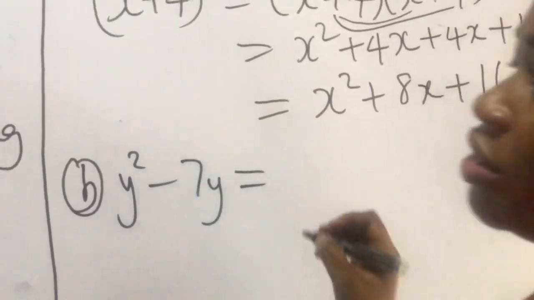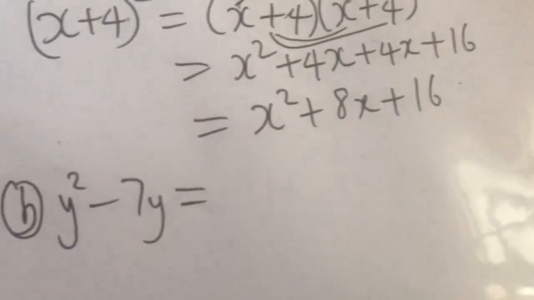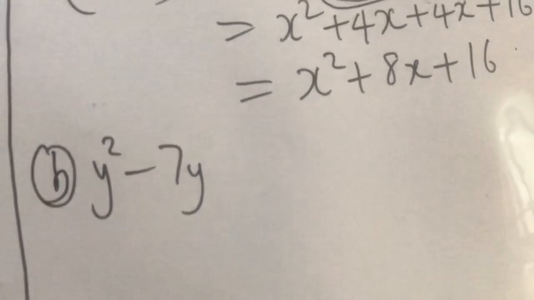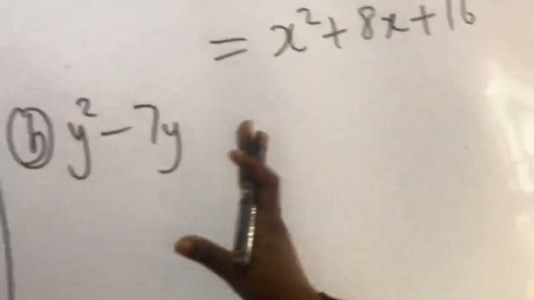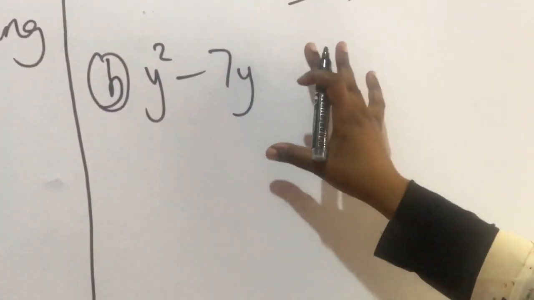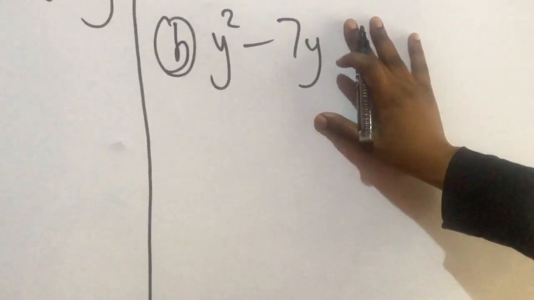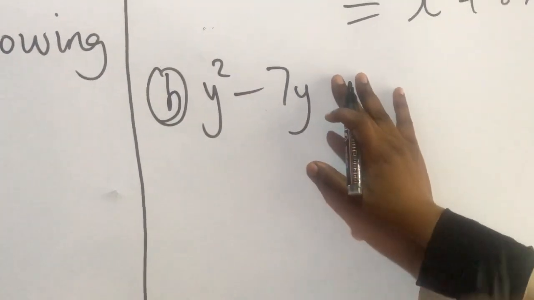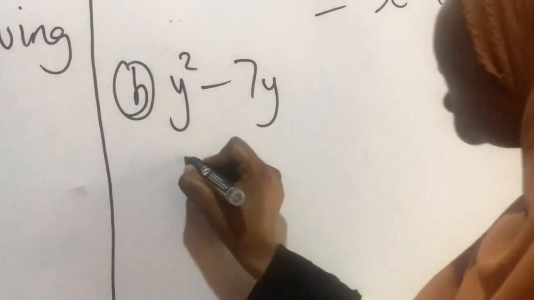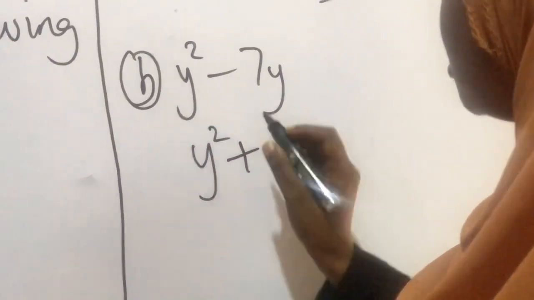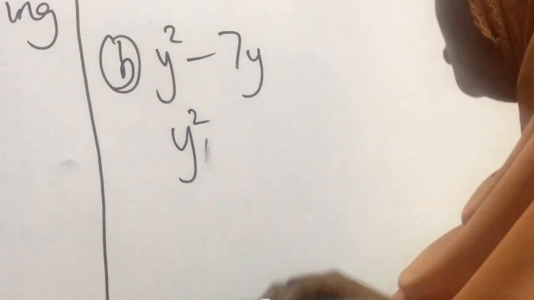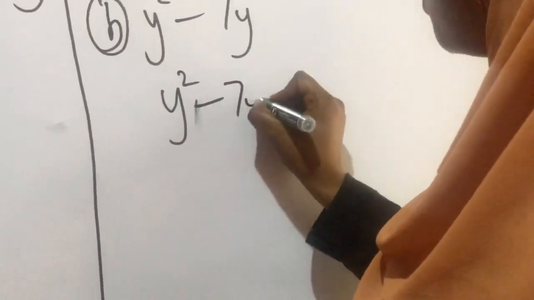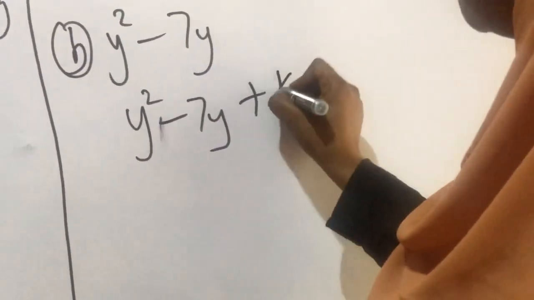So let's use the formula that we used for the first example for this one. Now you let the number that you have to add to this expression be any letter. We used k the other time, you can still use k now. So you add that k, this is y squared minus 7y, add k to this expression.